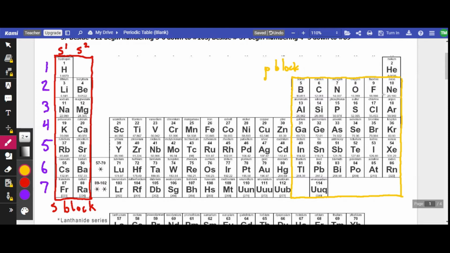It acts similarly to neon and argon and krypton in the way it bonds and stuff like that, or in some cases, the way it doesn't bond. But in terms of electron configuration, helium actually belongs in the S block. It only has 2 electrons, so its electron configuration is going to end in 1s2.